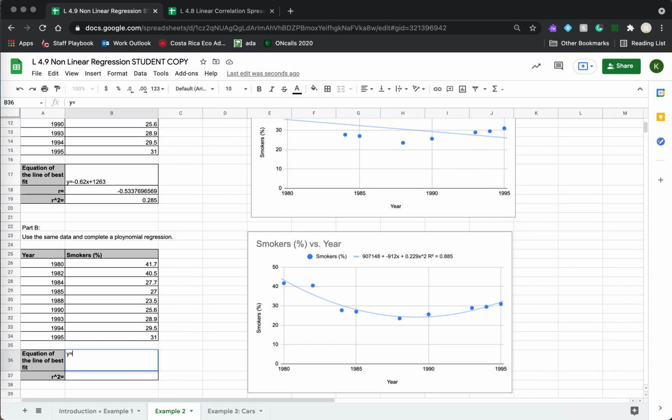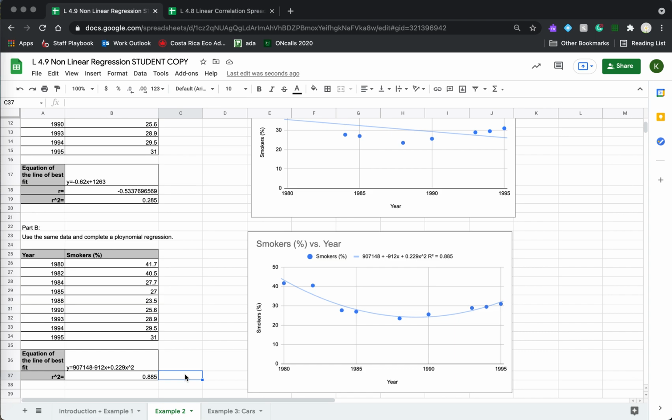We have y equals 907,148 minus 912x plus 0.229x squared. And then our r squared, 0.885. Much better r squared value here, so that's a great sign. Means that we've made a really good choice here.